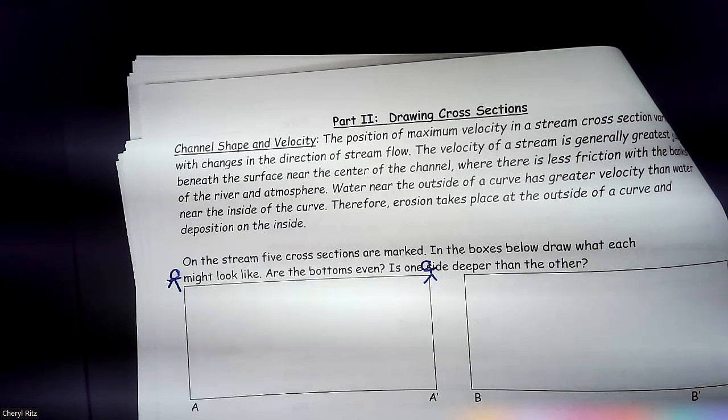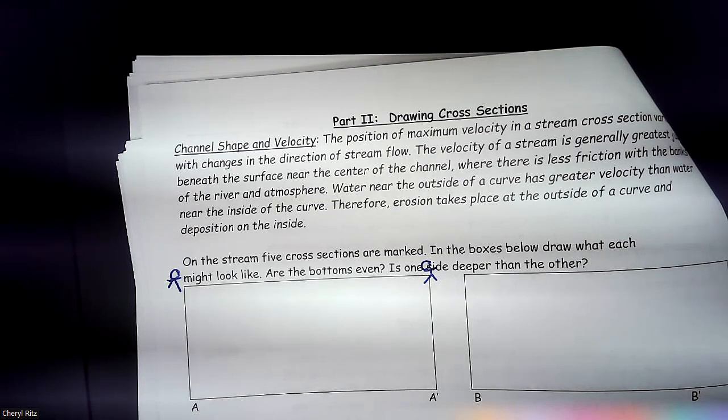What is happening more on the outside? Erosion. And when there's more erosion happening, what's it doing to the bottom of the stream? It's moving the sediment, pushing it or pulling it or taking it away, either way you want to think of it. It's digging the sediment out on A prime. What's happening to A though?